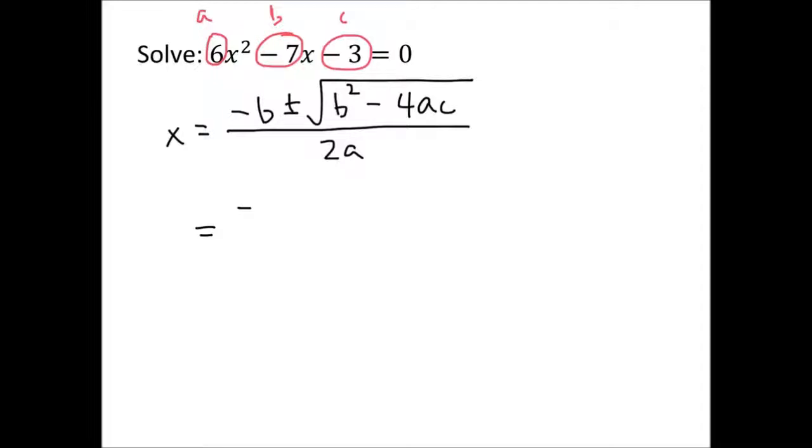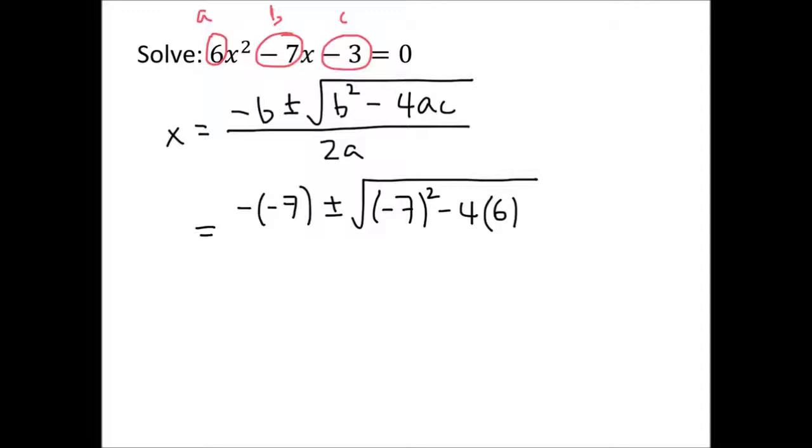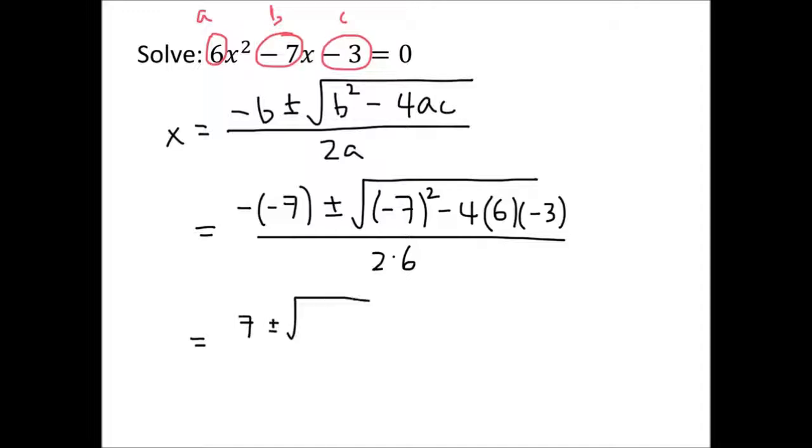So x is equal to negative b, so negative b is 7, positive or negative the square root of b squared. b squared is negative 7 squared, minus 4ac. 4ac is negative 4 times 6 times negative 3, over 2a, and 2a is 2 times 6.